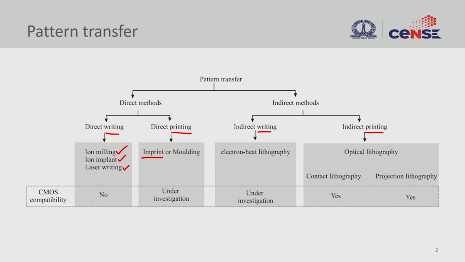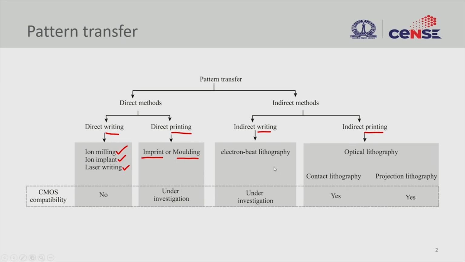Screen printing is a good example of a printing technique. Imprint is one; the other one is mold. Molding is like the way we make bricks. We already have an existing mold, and we fill up the material, and whatever material we fill takes the shape of the mold. Those are all the techniques that come under printing.